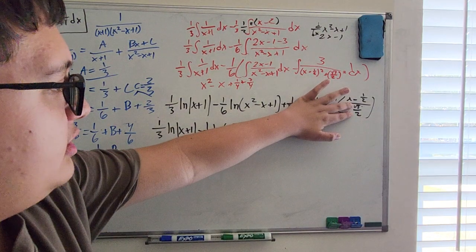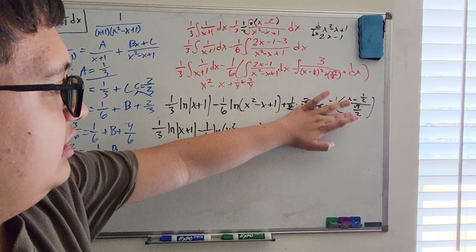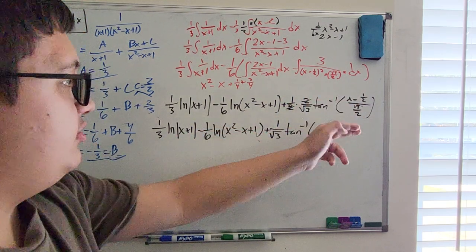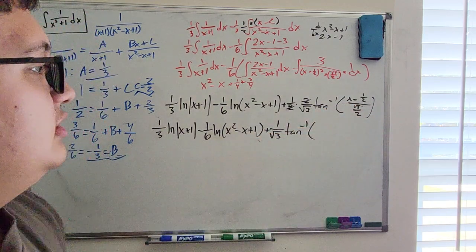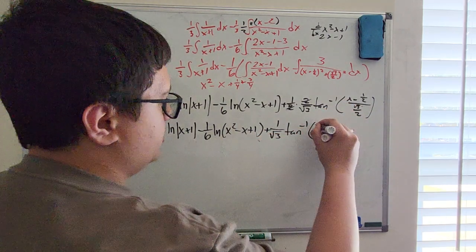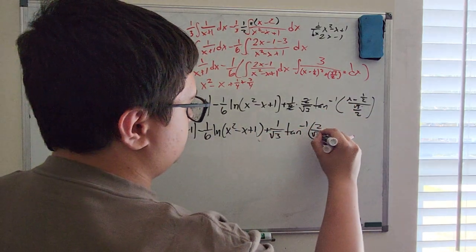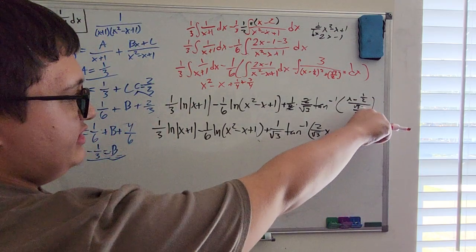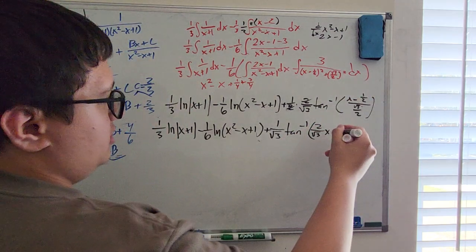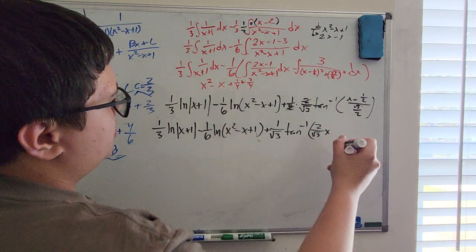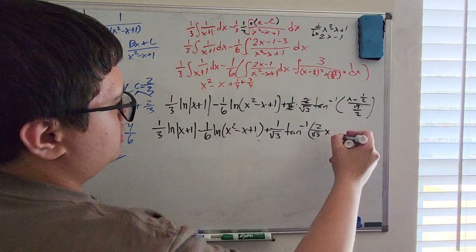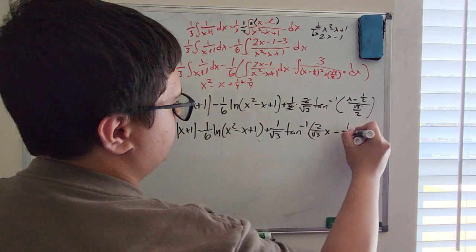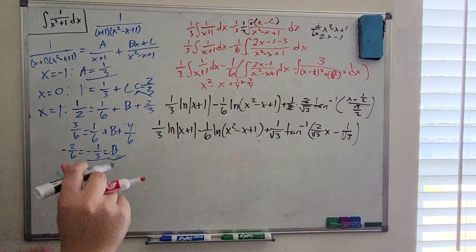Since this is just a denominator, you can just do the reciprocal. So 2 over the square root of 3, and then just times this. So that'll just be 2 over square root of 3 times x. And then when you multiply this into that, because the 2 cancels, it'll just be negative 1 over square root of 3, right? Yeah, there you go. Okay, now that's the answer.